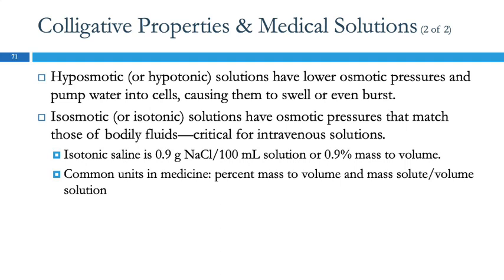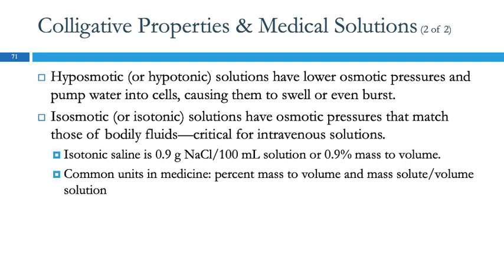If you're drinking salt water, that's hyperosmotic. It has higher osmotic pressure, and that's going to pull water out, right? If you get too much water coming in, your body has a way of getting rid of that. It'll just send it to your kidneys and you'll pee it out. But in intravenous solutions, really bad.